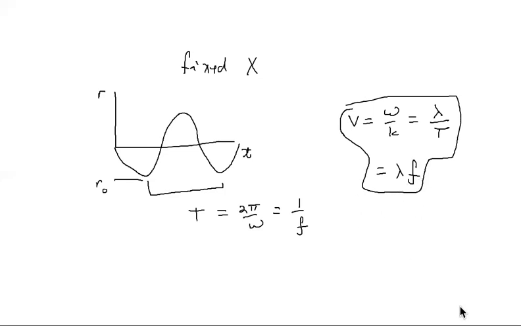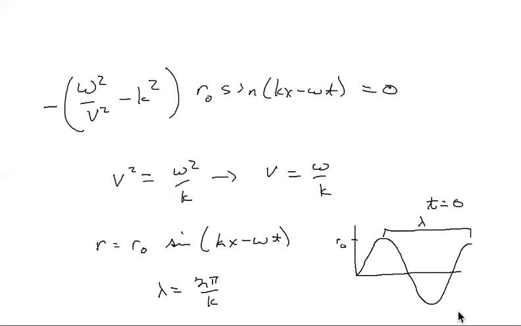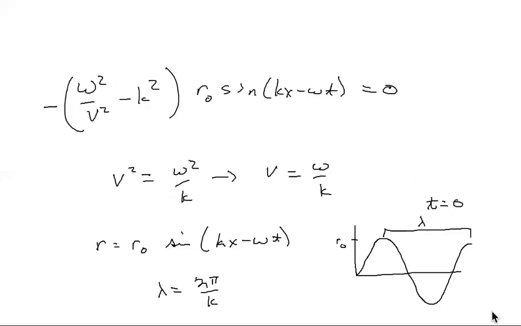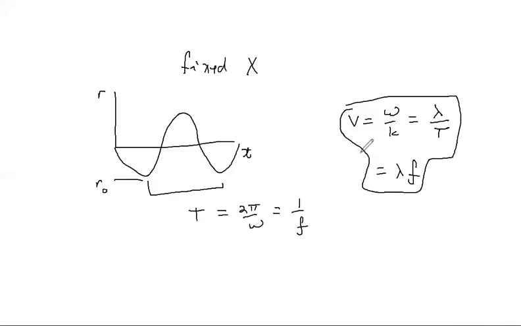What you see is that the same wave equation has many, many solutions. You have infinitely many solutions. The only constraint is that you must relate the wavelength and frequency so that their product gives you the speed.